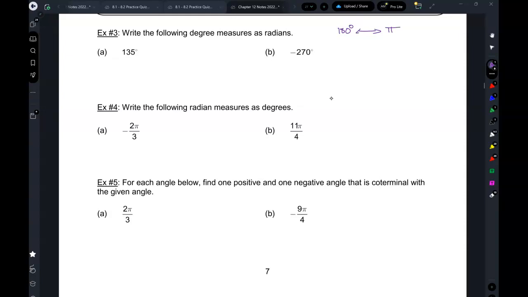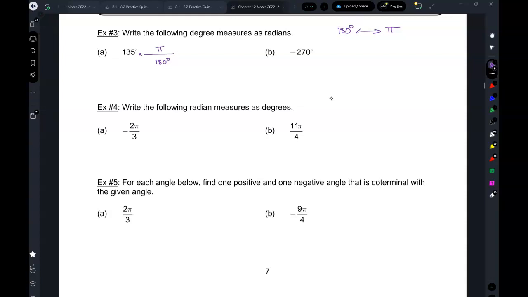So when it says to write as radians, you know how to convert, right? Anytime you're converting units, it's times a fraction bar. Here, 135 degrees, degrees is in the numerator, so I have to put degrees in the denominator so they cancel. That means pi goes on top.